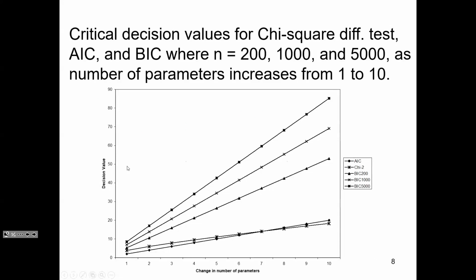If we have a 1 parameter test, the critical value of chi-square is 3.84. But when we do a 2 parameter test, and again, I'm assuming not variances here, I'm just doing the uncorrected ones, the critical value of chi-square is 5.99. That's basically a penalty of about 3 per parameter when you have a 2DF test, whereas it's just under 4 per parameter when you have a 1DF test, right?